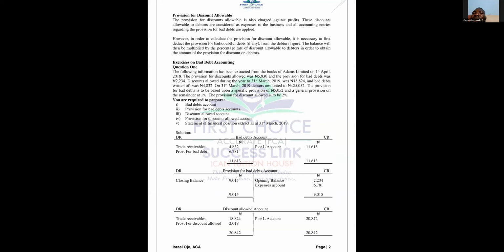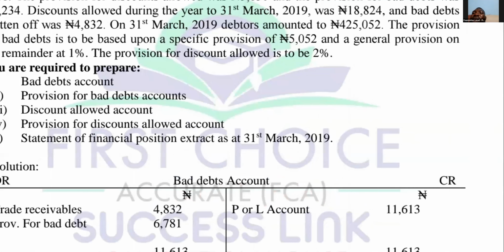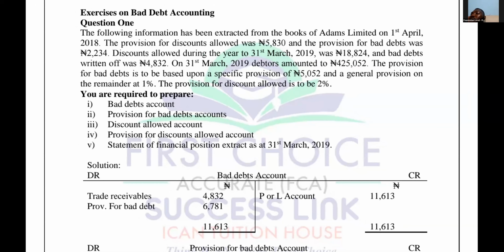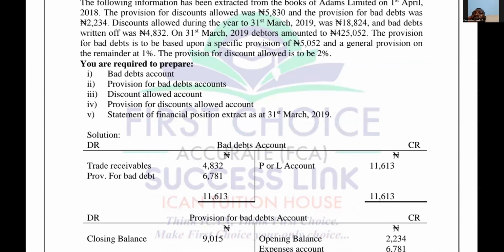The specific provision given to us is 5,052. So minus 5,052 will give us 396,344.